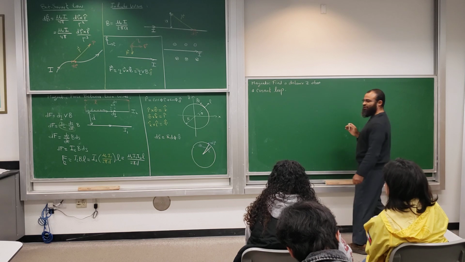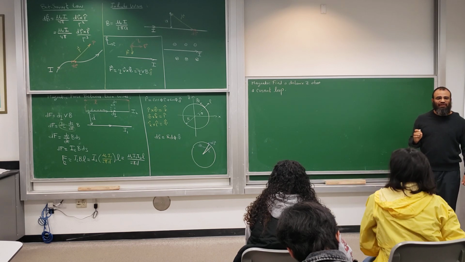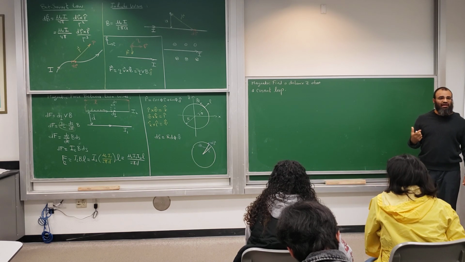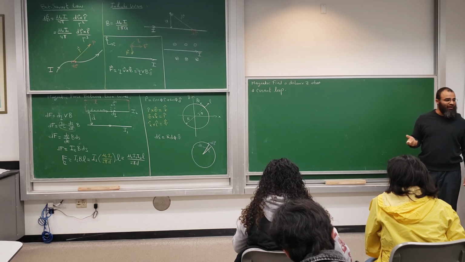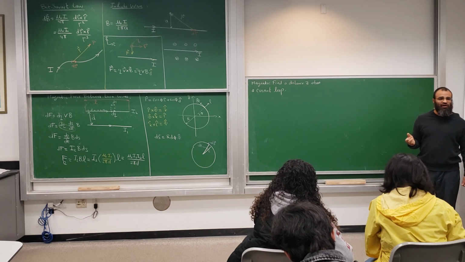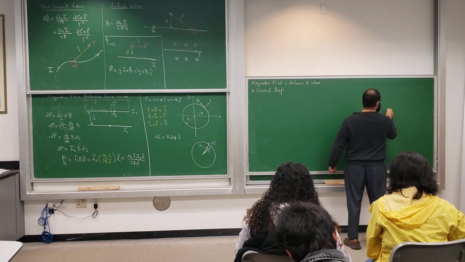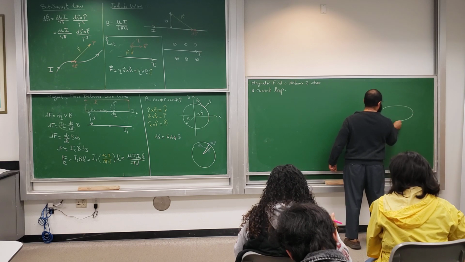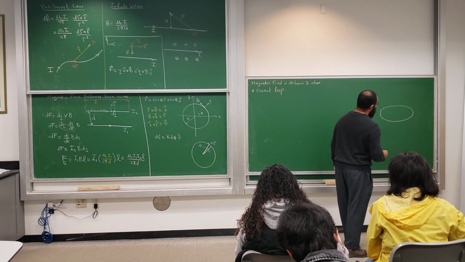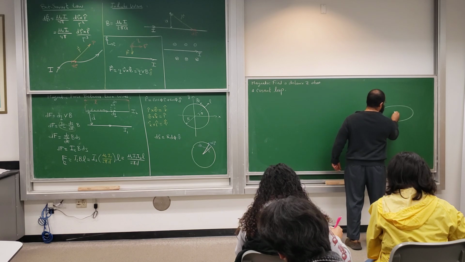So imagine you have a current loop. The current of the loop is I, and the radius of the loop is capital R. So here is the loop. I'm pretending to draw in 3 dimensions.